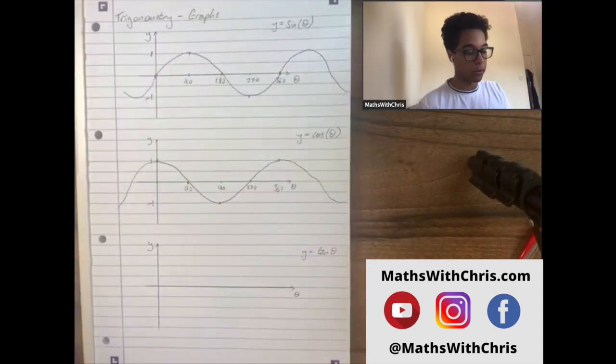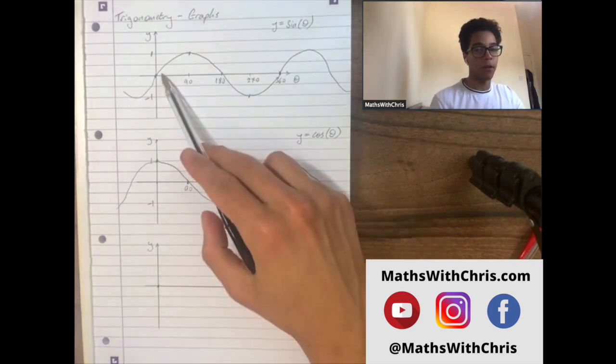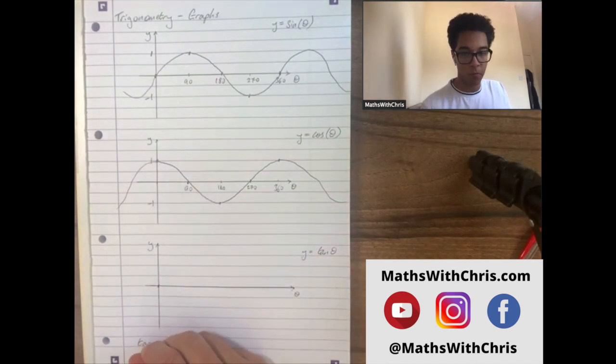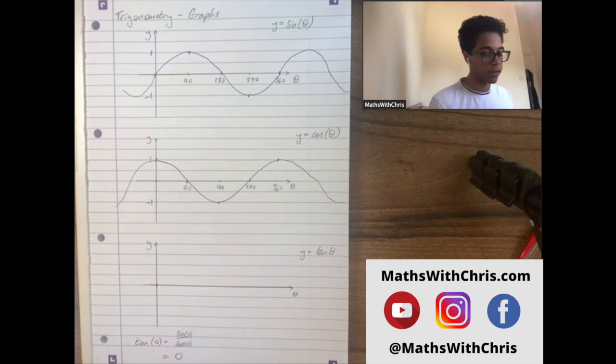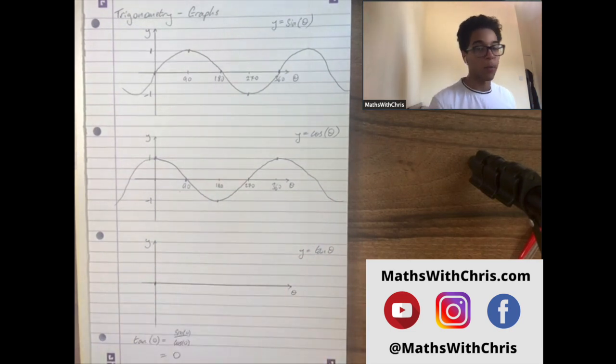So for example, tan of 0, well, sine of 0 is 0, cos of 0 is 1. So tan of 0 equals sine of 0 over cos of 0, which is just 0, because 0 divided by 1 is 0. So it starts here. And we can keep doing that for all of the other points.